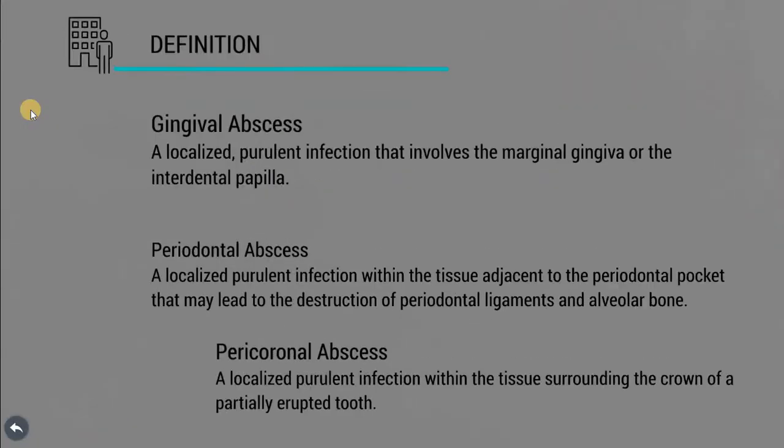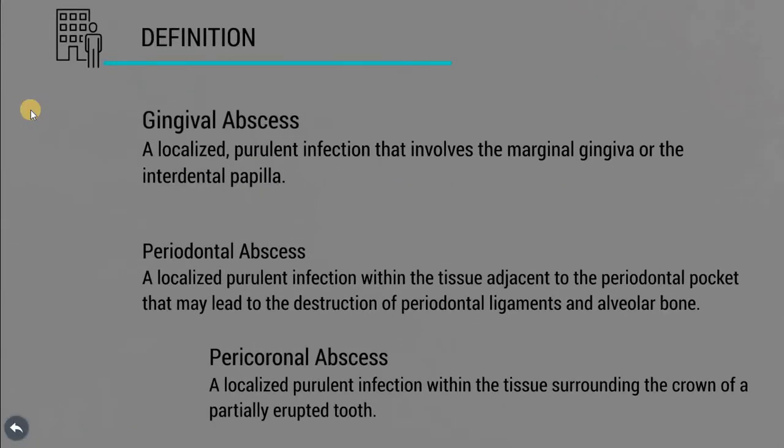As a definition, we have three main types of periodontal abscess: gingival abscess, periodontal abscess, and pericoronal abscess. The gingival one is located on the gingival margin and the interdental papilla, while periodontal abscess is localized to the periodontal pocket, and pericoronal abscess leads to formation of abscess in the surrounding soft tissue of the crown of a partially erupted tooth.